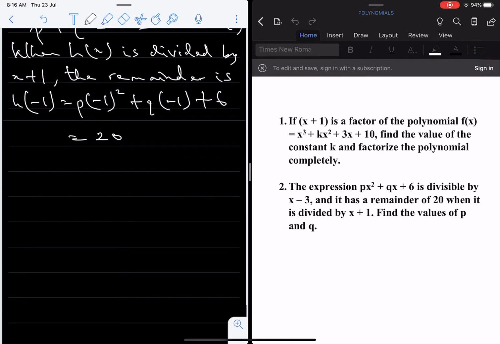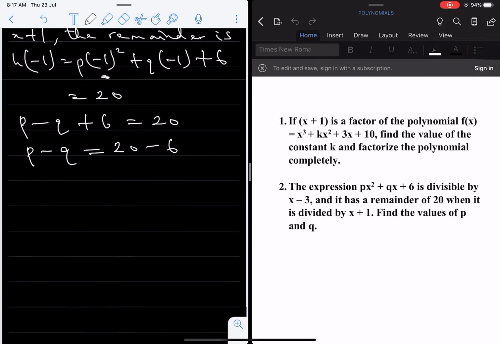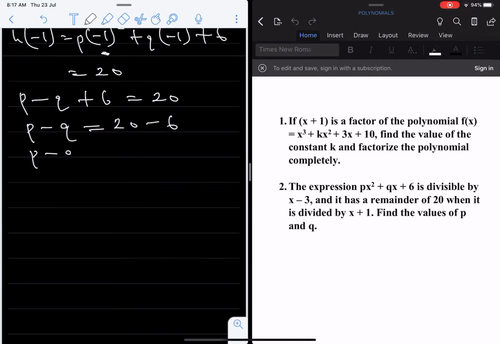So that means h of minus 1 is 20. So that simply means minus 1 squared is 1 times p, that's p, minus 1 times q is minus q, plus 6 equals 20. And that means p minus q equals 20 minus 6, which means p minus q equals 14. And that's equation 2.